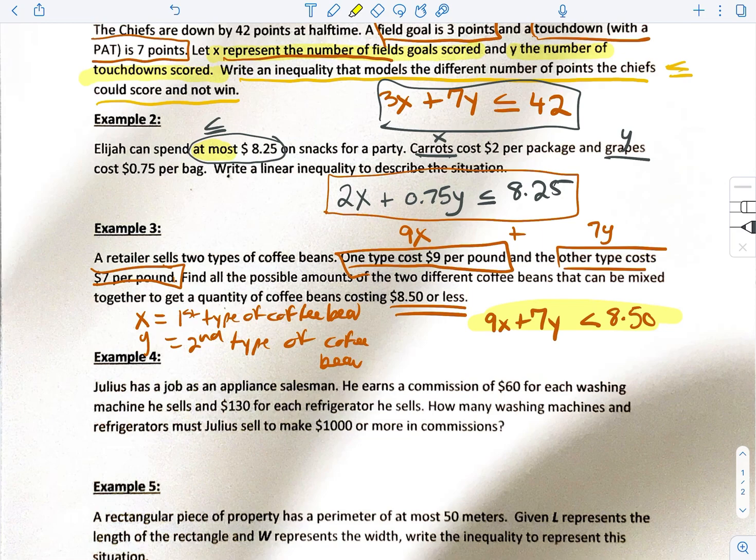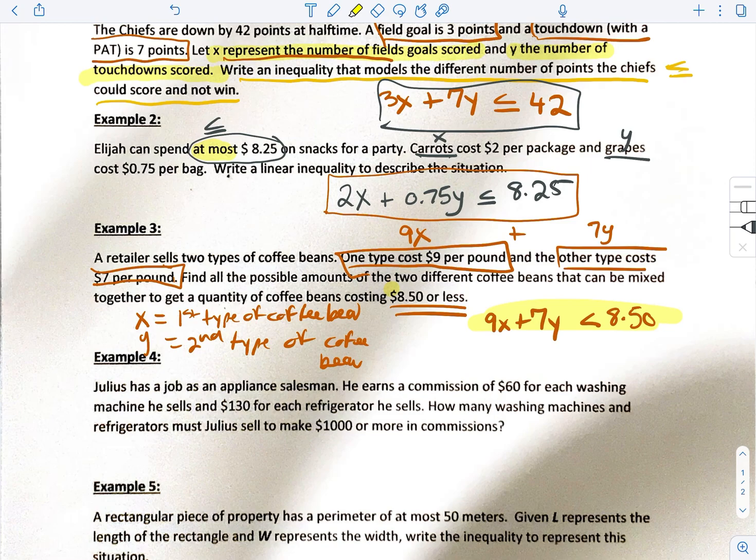Well, we've written it. It says find all possible amounts of the type. So now we got to kind of look at some combinations, right? And we can do that if need be. Now, it may be hard to note because you're like, well, if I put one here and one here, that's definitely going to be over 8.50.